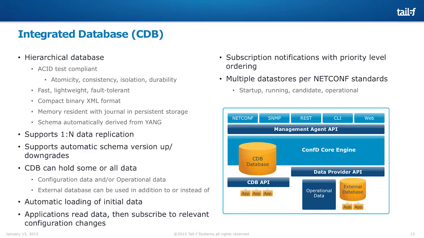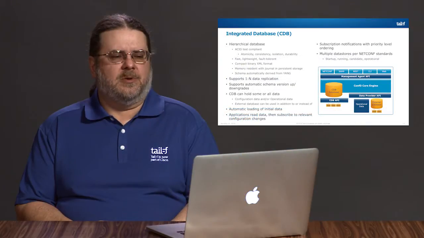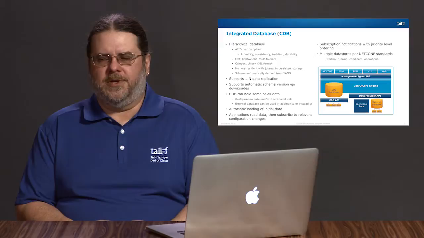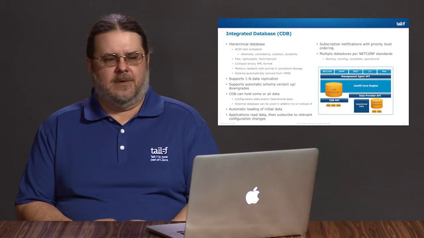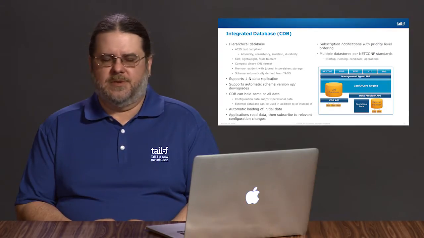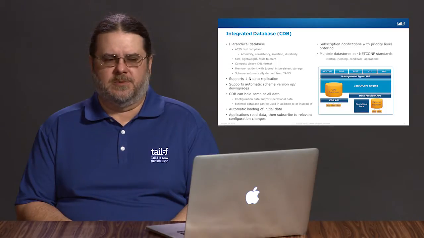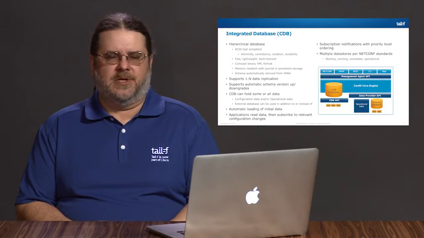The operational data store in CDB is an atomic data store because the atomic model fits operational data better than a transactional model. So any operational data you write to CDB via the push mechanism goes into the operational data store. There is subscription support for the operational data store, just like there's subscription support for the configuration data stores.